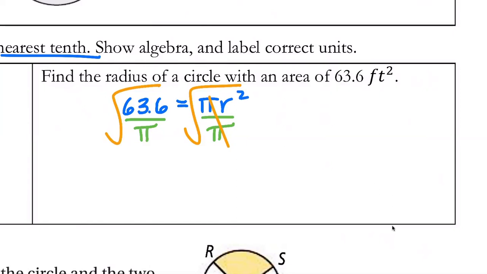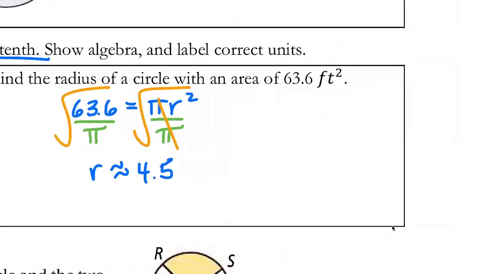You want to make sure that the whole entire thing is underneath the radical sign. So that's why sometimes I'll just do 63.6 divided by pi and then hit equals, then do the square root of the answer. Round it to the nearest tenth. R is approximately 4.5, and that was in feet, because the area was in feet squared.